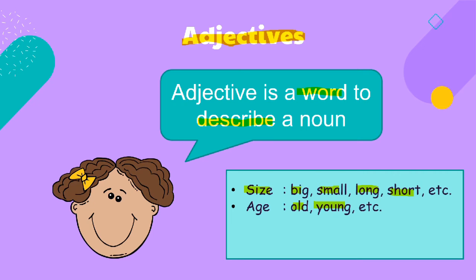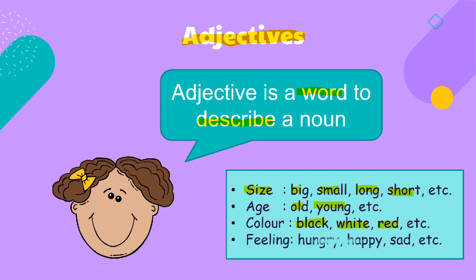Okay, next. Color. Wow, colors, they are also adjectives because they also can describe a thing, a noun. Like, my hair is black, my feet are white, apples are red. Okay, clear? So next, feeling. The words of feeling, they are also adjectives like hungry.